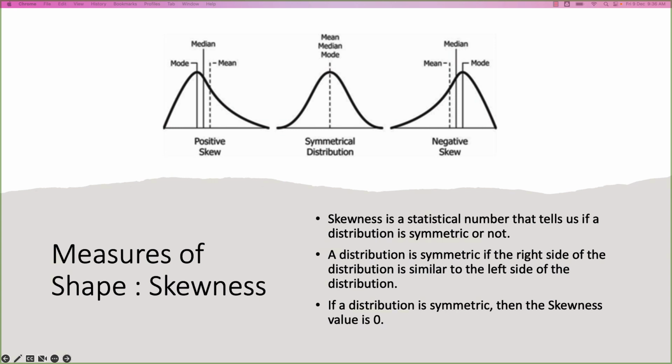In order to describe the nature of distribution, we use two statistical measures, skewness and kurtosis. What they do is compare the shape to the normal curve.